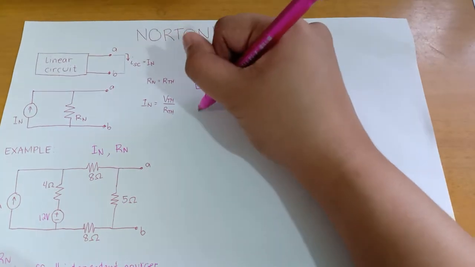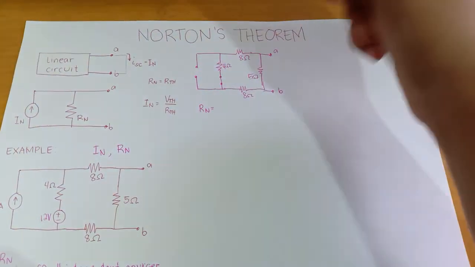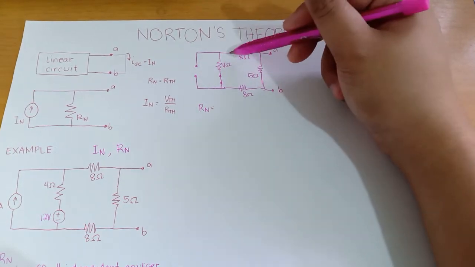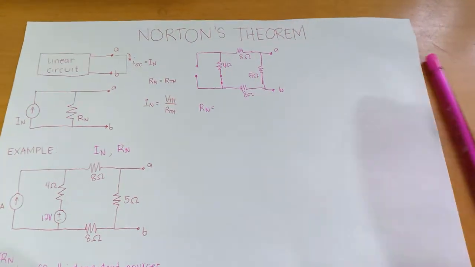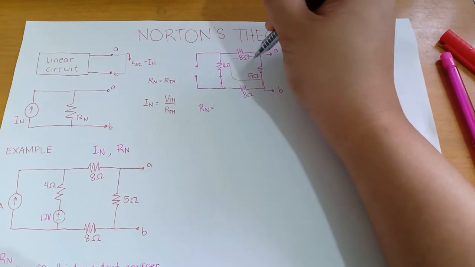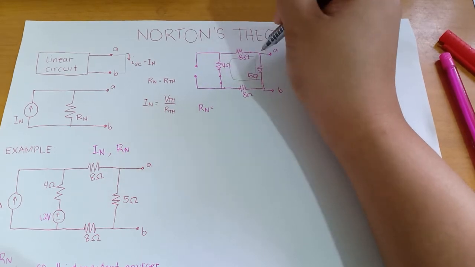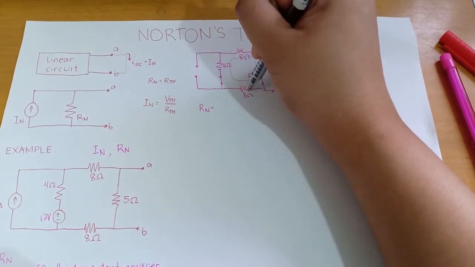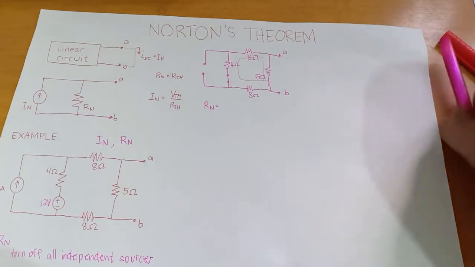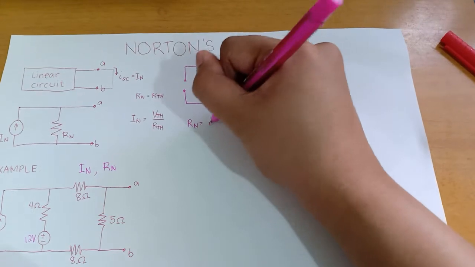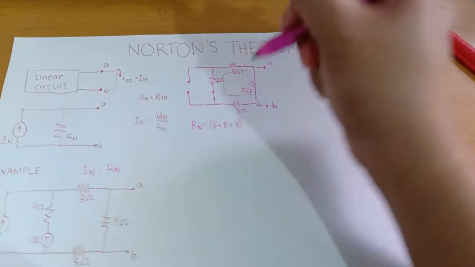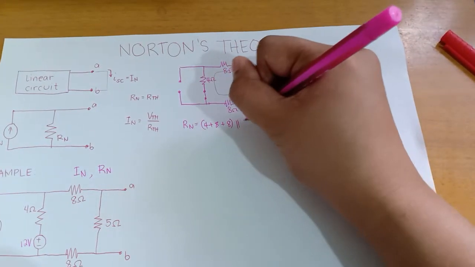So, Rn is equal to, ito, open na to, no? So, it's as if na, ang buong circuit lang natin ay binubuo nito. Ito lang, right? So, ito naka-series, tapos ito, series, na nakaparallel sa 5. Okay? So, bale 4 plus 8 plus 8 in parallel with 5 ohms.